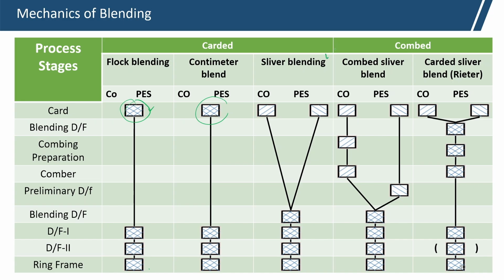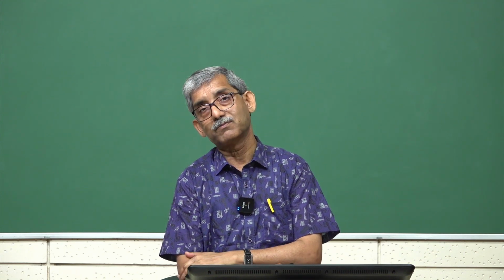Now, if we see the sliver blending, polyester and cotton are processed separately, but at the draw frame it is blended. And then here you can see the blending draw frame is separately used, and as it is blended at the draw frame stage, the blend uniformity in the sliver is poor.